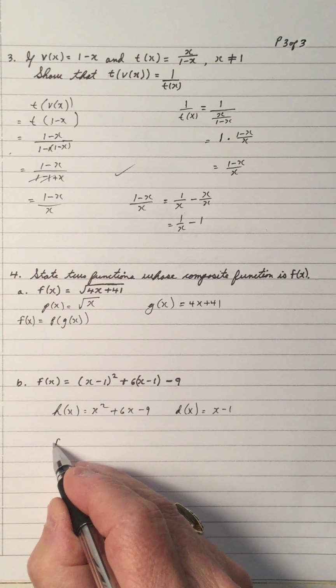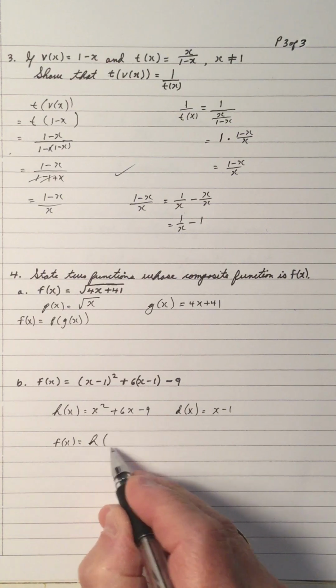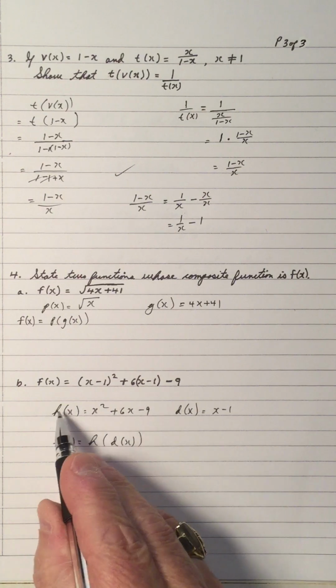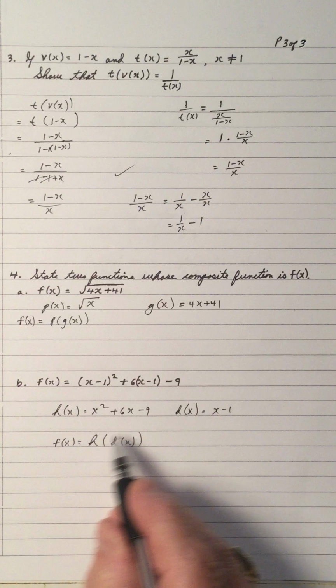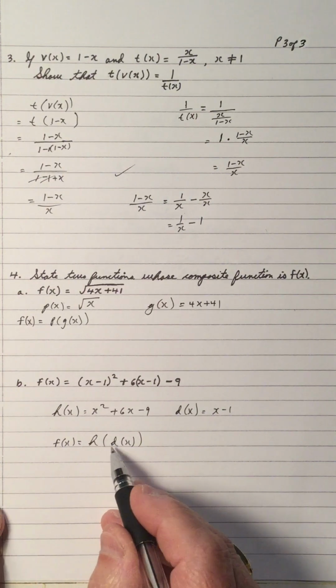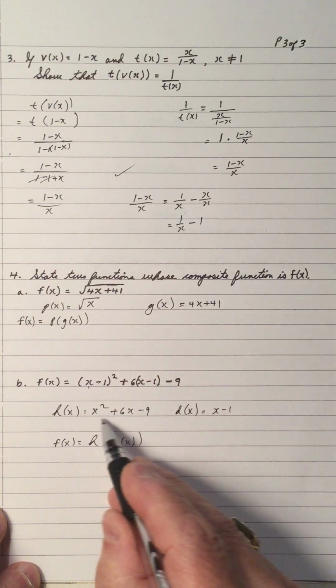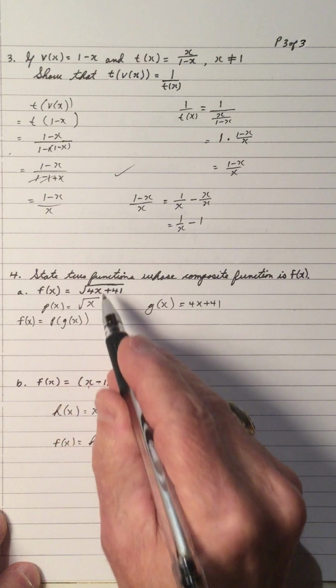So this is the f of x is made up of, again, the d of x is going in the h. So these are the two functions that under composition will give you the f of x, the original one, which is right here. So these two combine to give you this, these two combine to give you this.